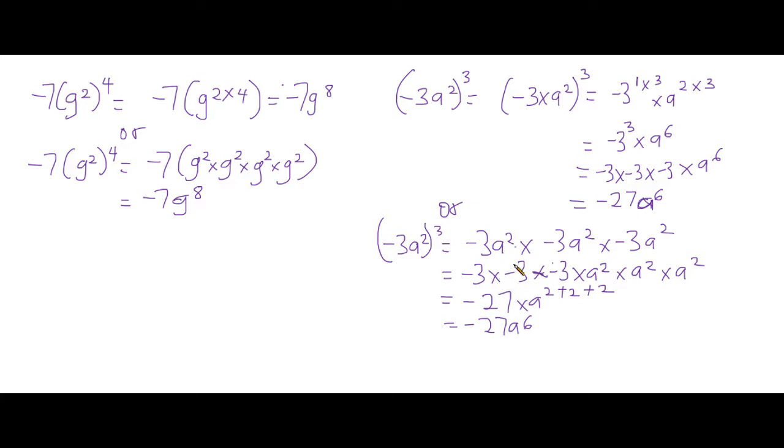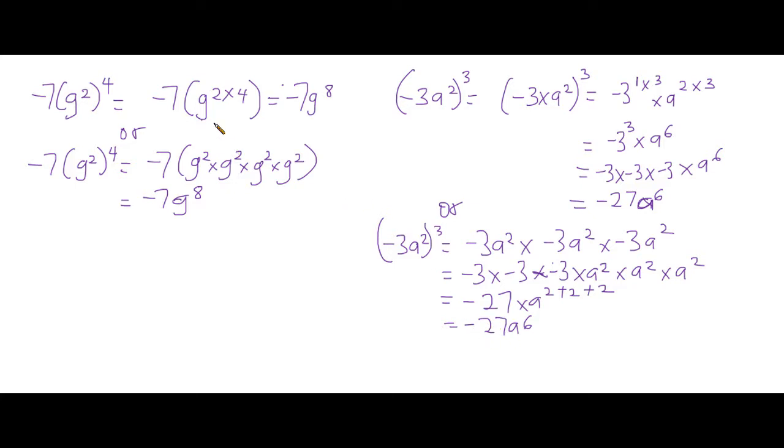So doing it in different ways but still obeying the laws of indices, we're still going to get the same answer. And if you note, a negative number raised to an odd power will result in a negative answer. If you look at this, all of this is a negative term, all raised to the power of an odd number. 3 is an odd number, 5, 7, and it goes on like that. Our final answer is going to give us a negative number.